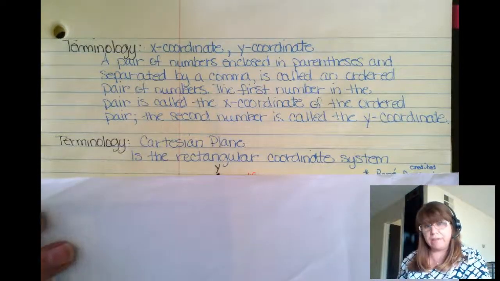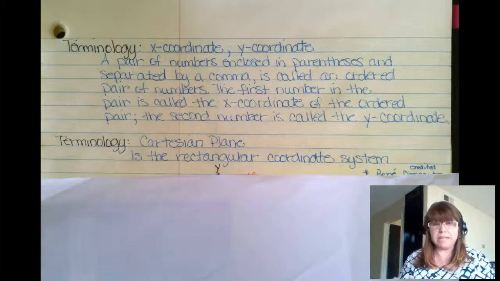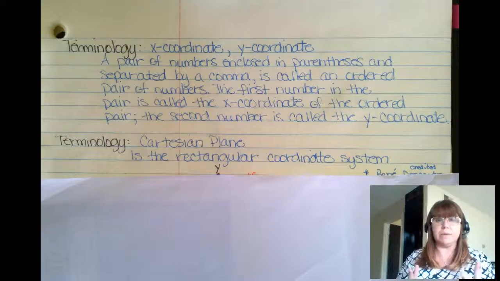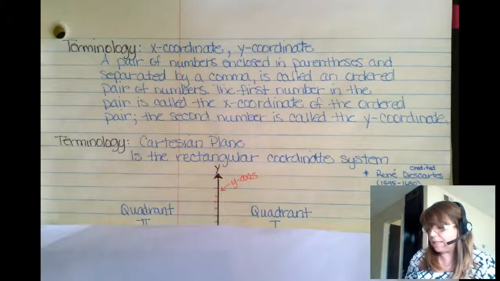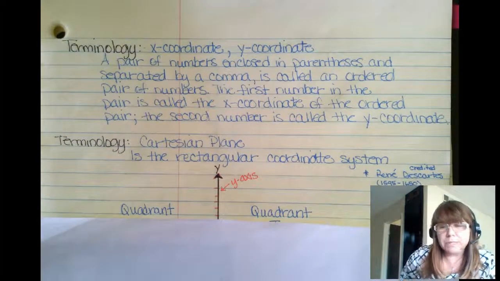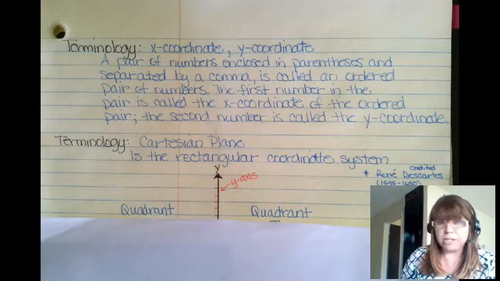We also have a picture representation of how we're going to put this data on a piece of paper, a two-dimensional object, and it's the Cartesian plane. It is the rectangular coordinate system, the Cartesian plane. And the cool thing about this is the Cartesian plane wasn't made up by a mathematician, not at all.